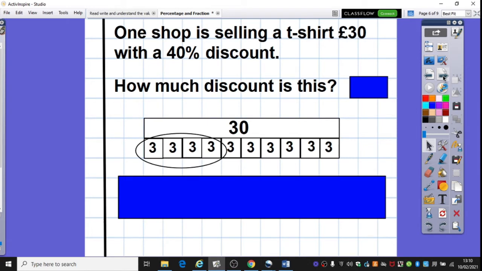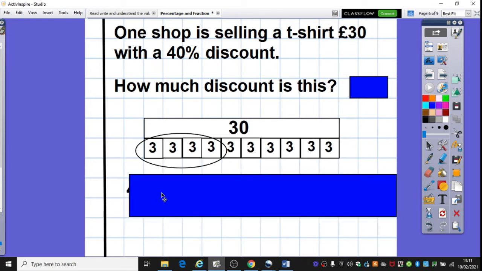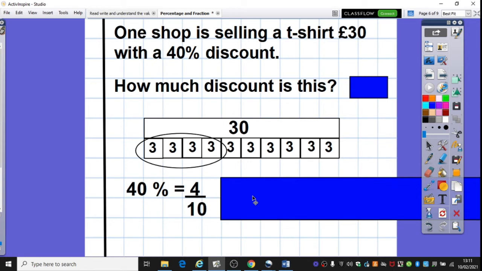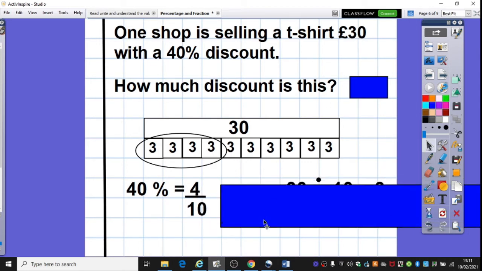Okay, so let's have a little look at the problem for today. One shop is selling a t-shirt for £30 with a 40% discount. The question says, how much discount is this? So we're going to work methodically and think about what fraction is equivalent to 40%. The fraction that's equivalent to 40% is obviously 4/10. We know how to find 4/10 of a number. We're going to divide by the denominator and then multiply by the numerator. So the amount we're looking at is 30 here.